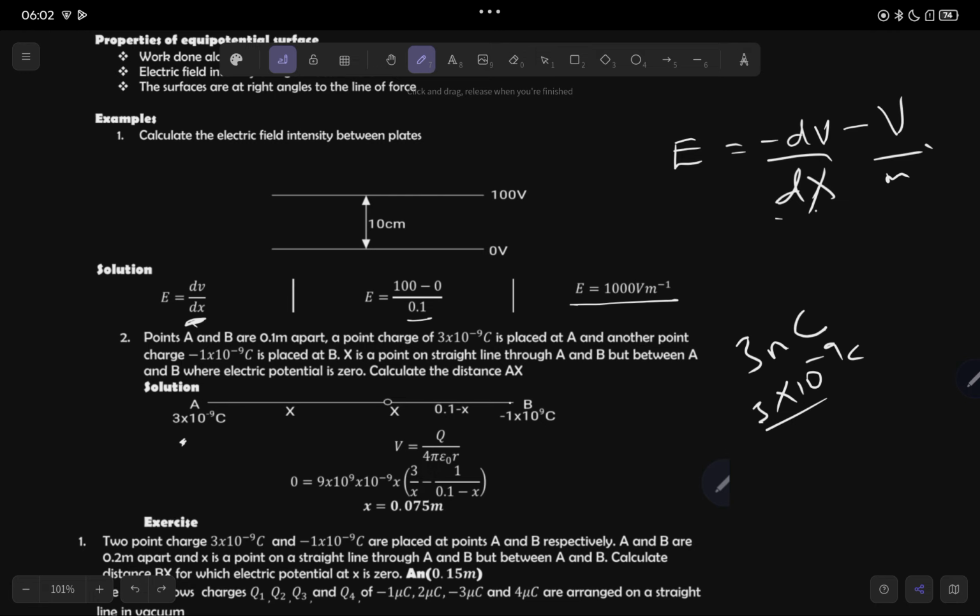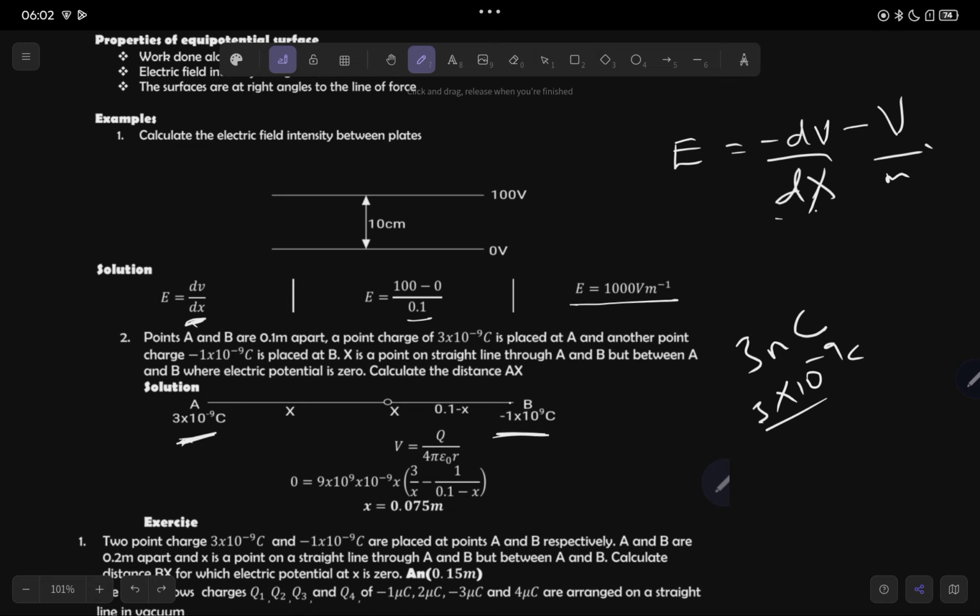Now, if we have point A and point B, they have charges, as you have seen, 3 nanocoulombs and negative 1 nanocoulomb. There is a point X between the two, A and B, not in the middle, but between the two.